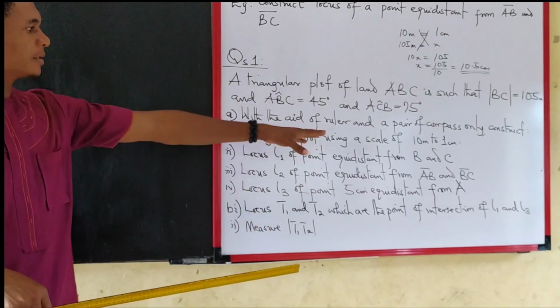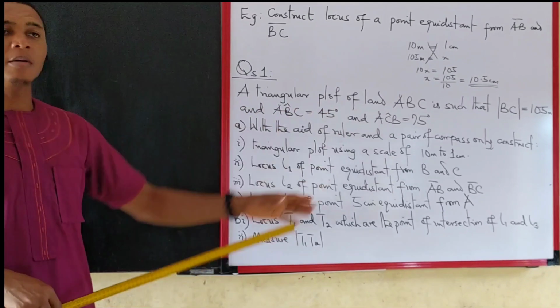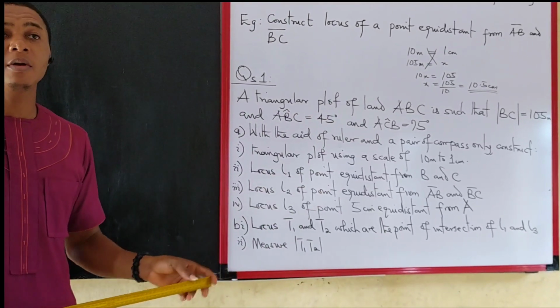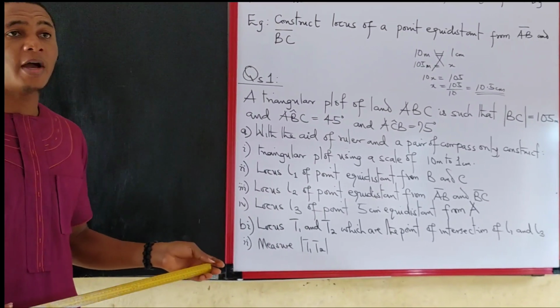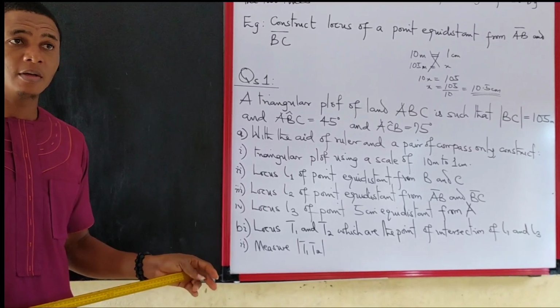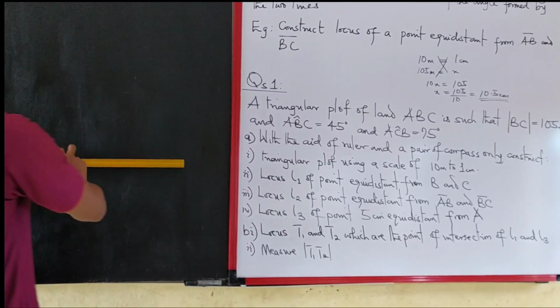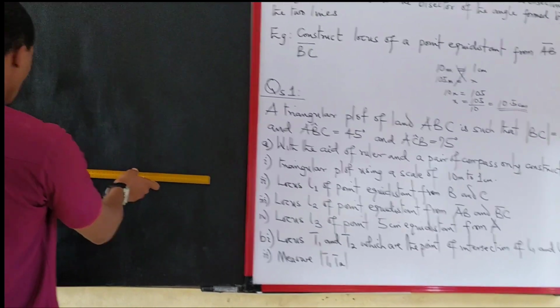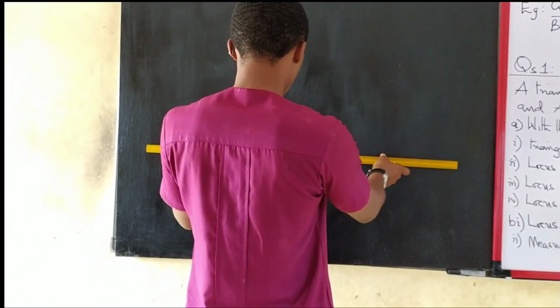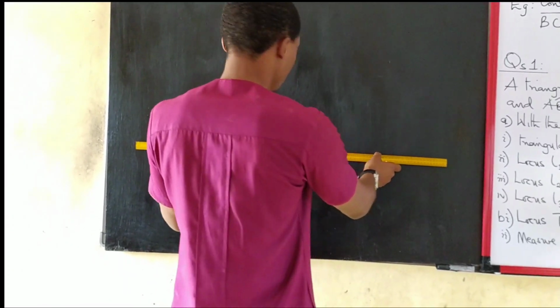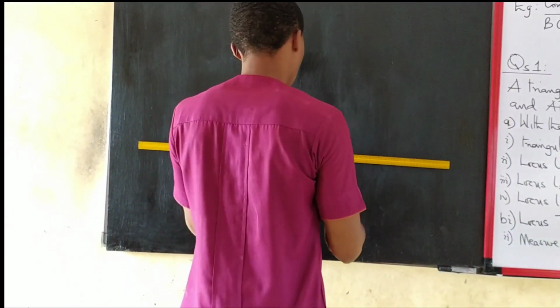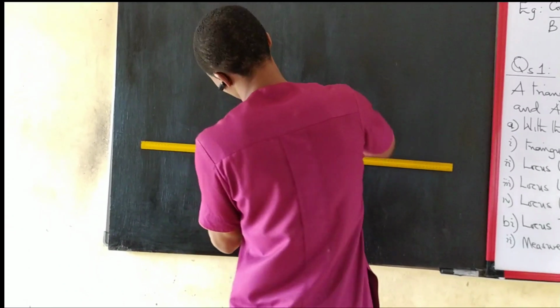Now let's draw the side BC, which is 10.5 cm. So let's draw. Now watch what I'm going to do. I'm going to draw a line without any measurement.